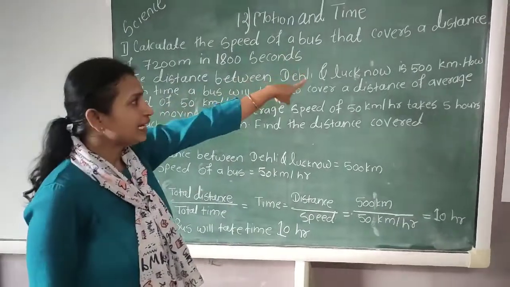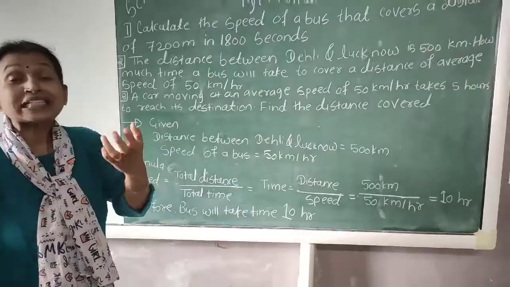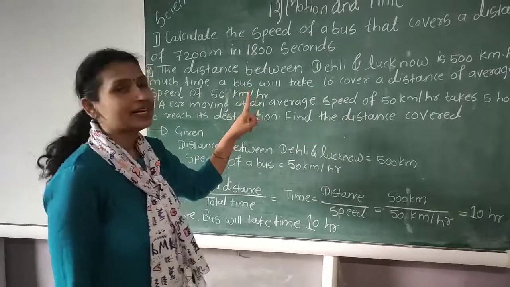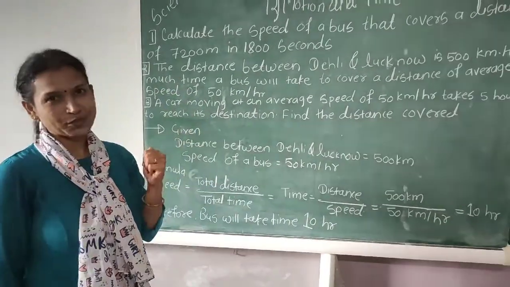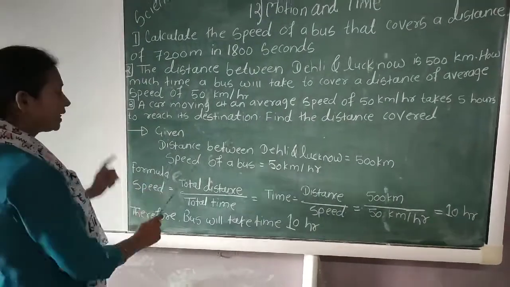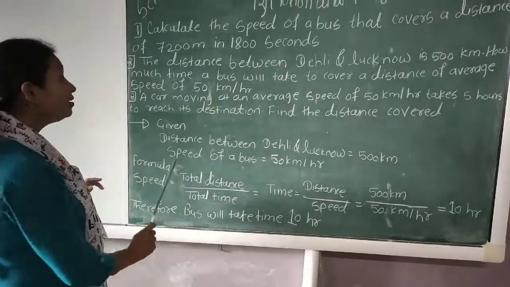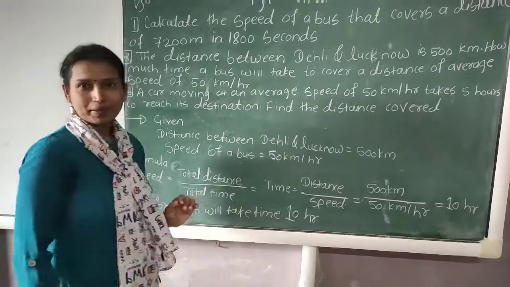The distance between Delhi and Lucknow is 500 km, and the bus which covers this distance has a speed of 50 km per hour. Two things are given, and the third one we are supposed to find out. First of all, we will write down what is given. Distance between Delhi and Lucknow is 500 km. Speed of the bus is equal to 50 km per hour.